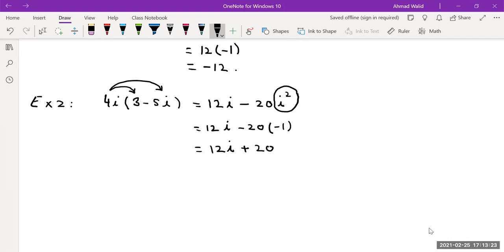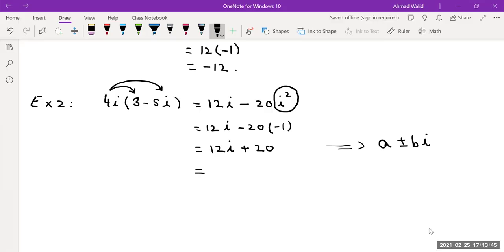Remember the first day I told you that we are trying to write our answer always in the form a plus or minus bi: real part, then imaginary part. Then I want to rewrite my answer in a really correct and beautiful form.